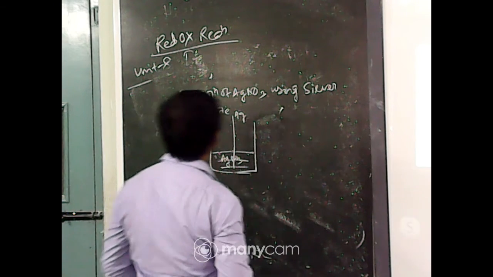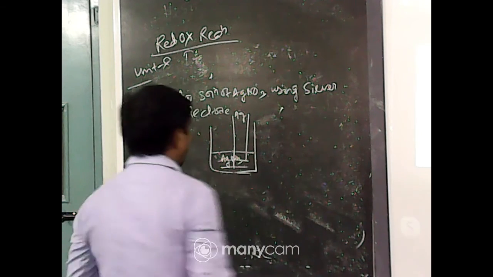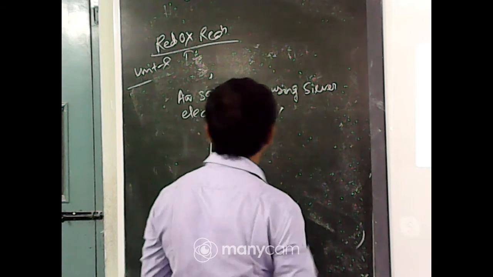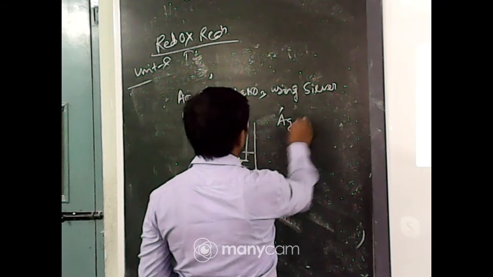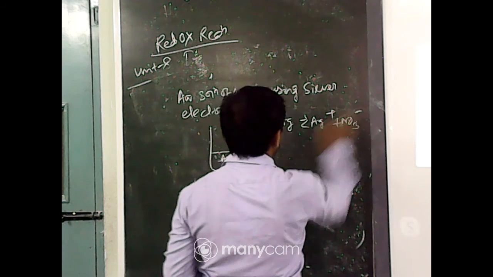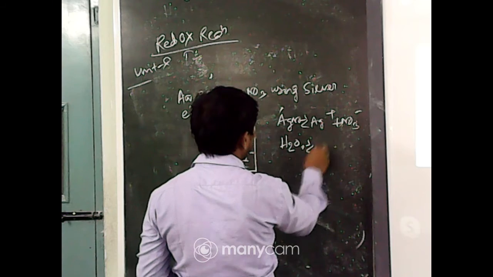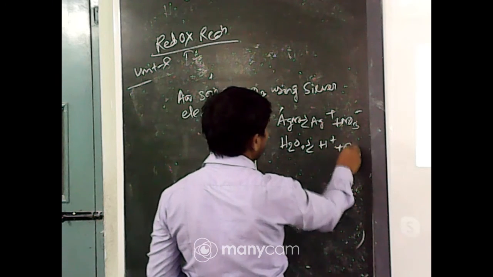Now electrolysis: AgNO3 produces Ag plus and NO3 minus, and H2O produces H plus and OH minus.